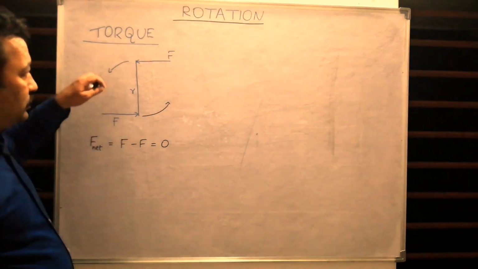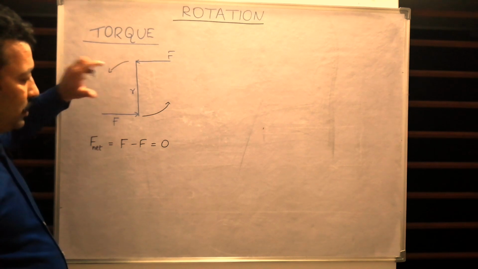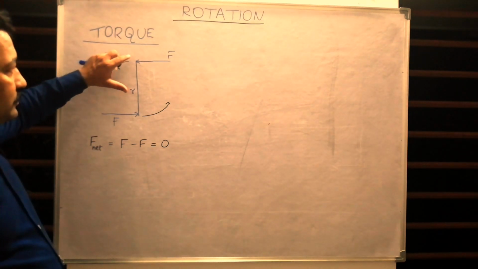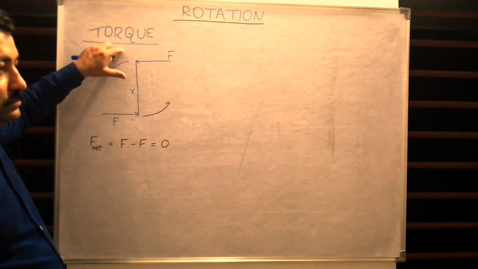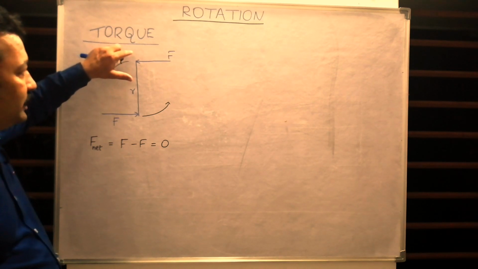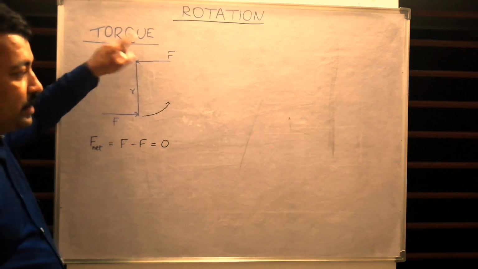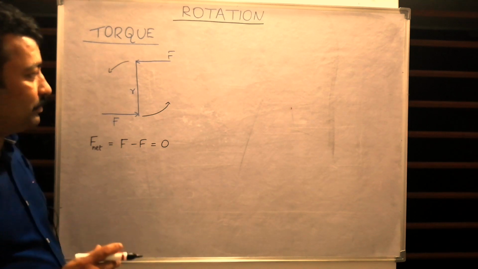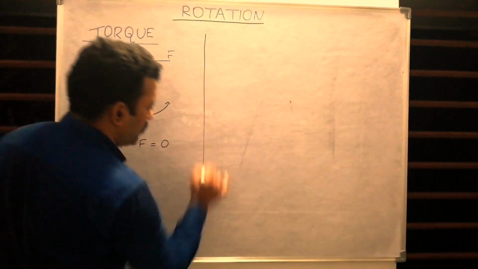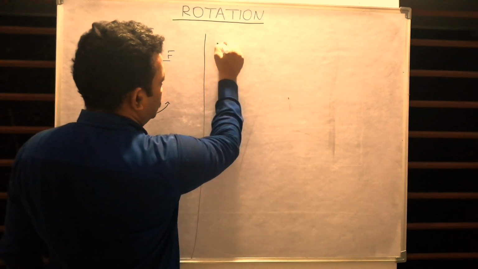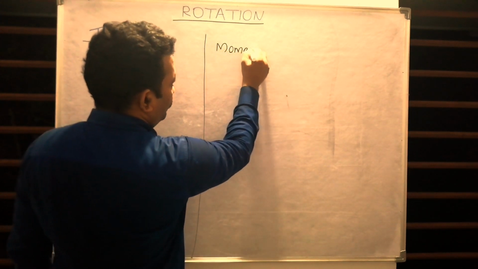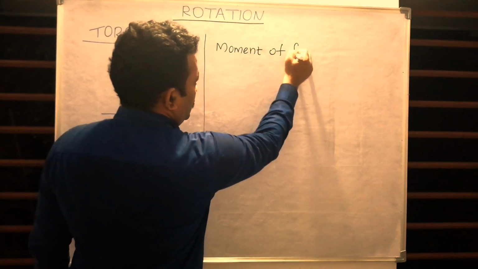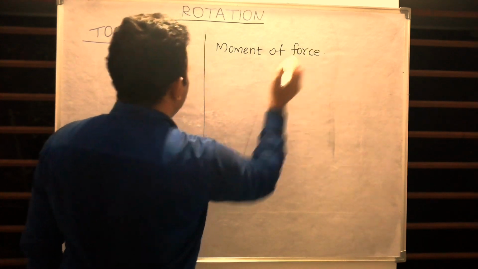So a torque, or a rotation, is produced with the help of a couple. The magnitude of the couple is measured as the moment of force. How can we measure the moment of force?